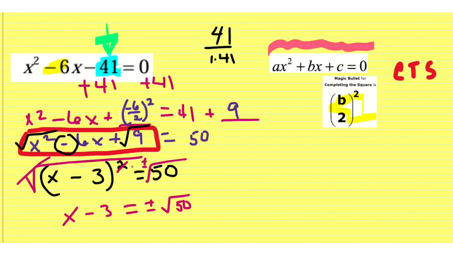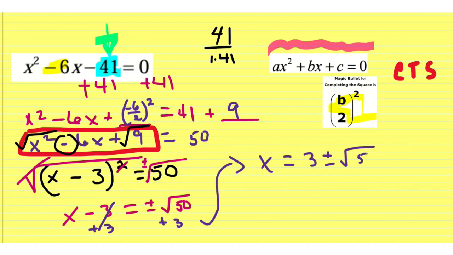Now I'm going to add 3 to both sides. Add 3, add 3. Those will cancel. And that is going to give me my solutions. x is equal to 3 plus or minus the square root of 50.